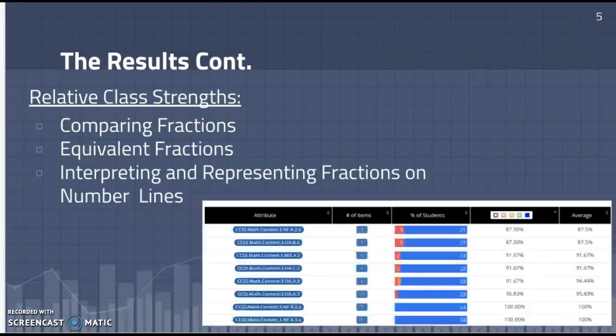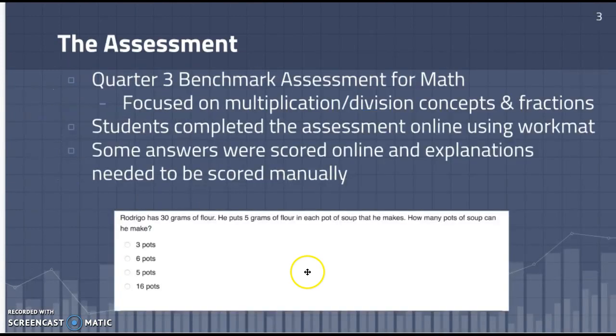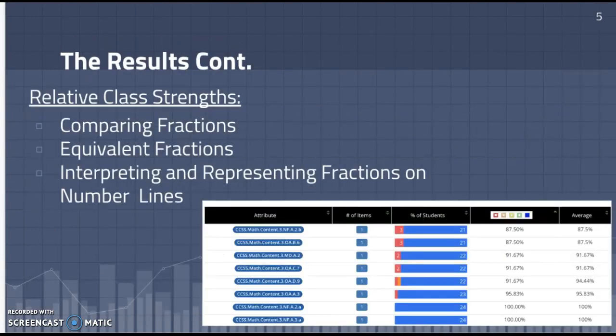Continuing with the results, these are some of the positive factors from the assessment. So overall, relative class strengths are fractions, comparing fractions, equivalent fractions, representing them on number lines and models. And here from the data, you can also tell pretty easily what these strengths are. There are all the math standards.